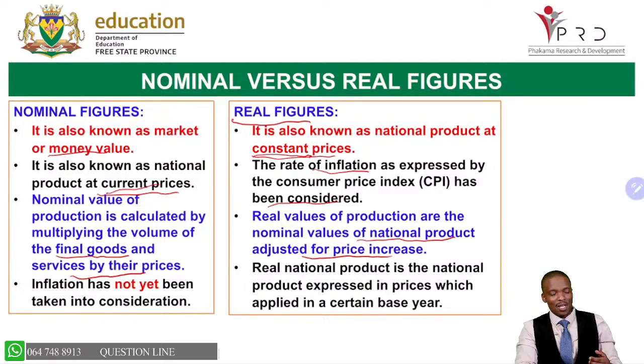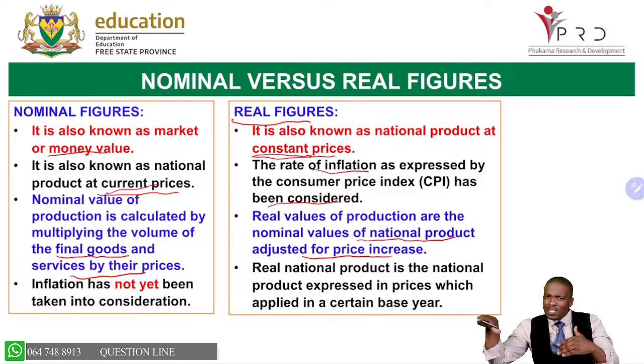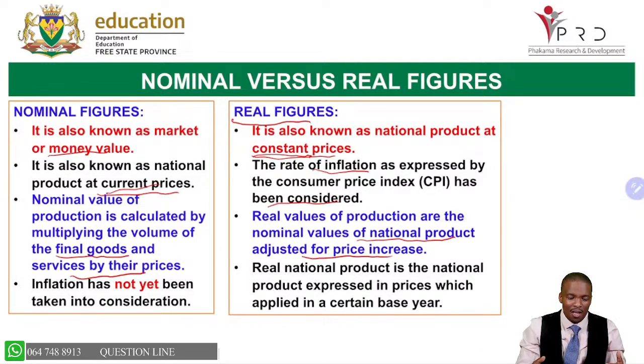Then what you write, you'll be saying, no, they will prefer constant prices because these prices are the same. They are not changing. That's not the answer there. You tell us that it is because here they've been adjusted for inflation. That means inflation has been taken into account. On the other side, inflation has not yet been taken into account. Okay.